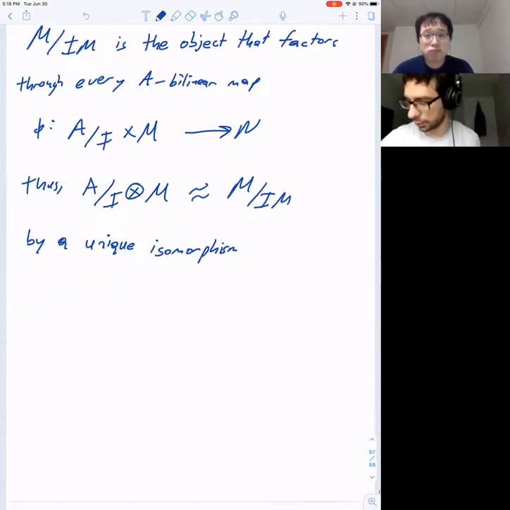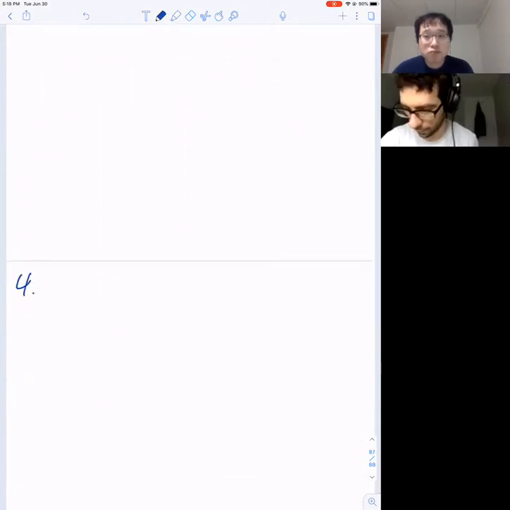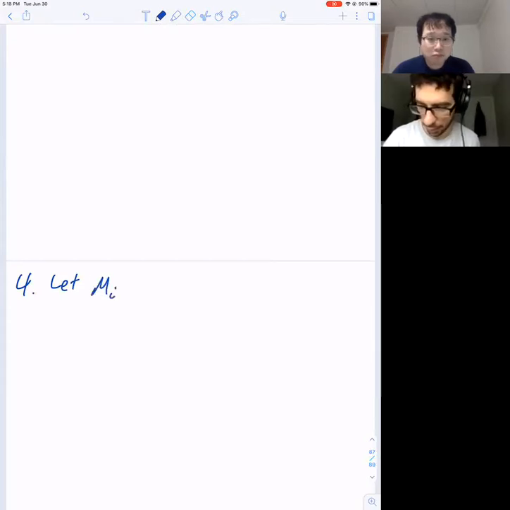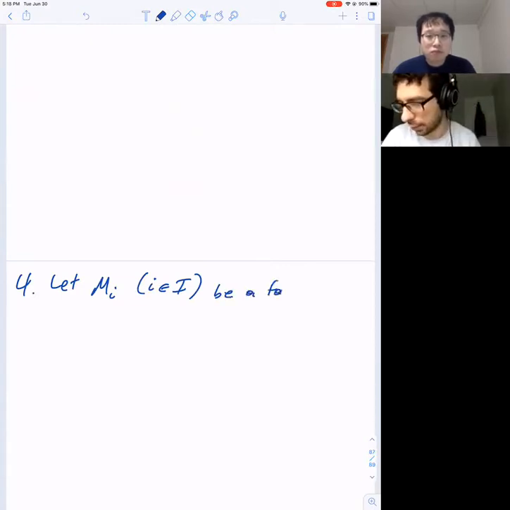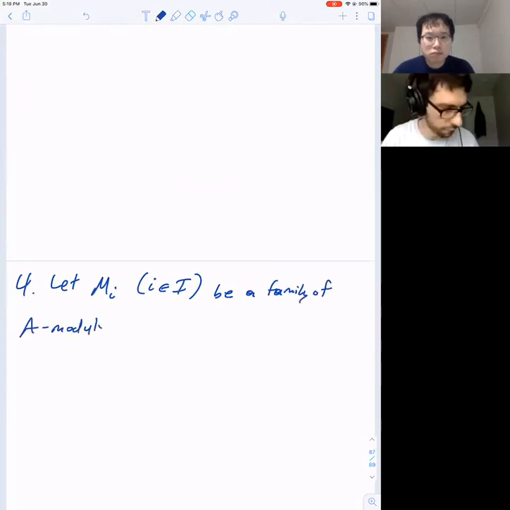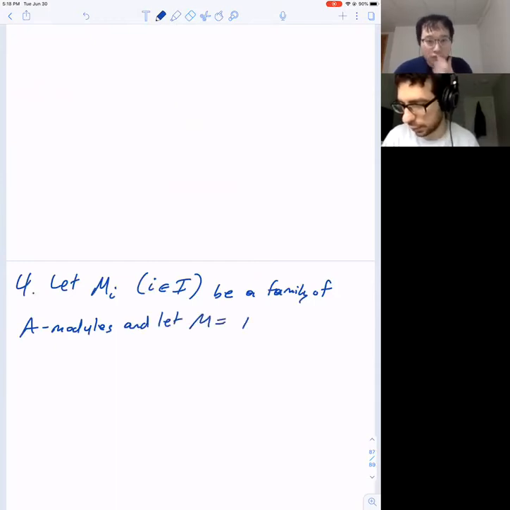Let's try to do number 4. So let M_i, where i is inside this index set capital I, be a family of A modules. And I'll say M to be their direct sum.